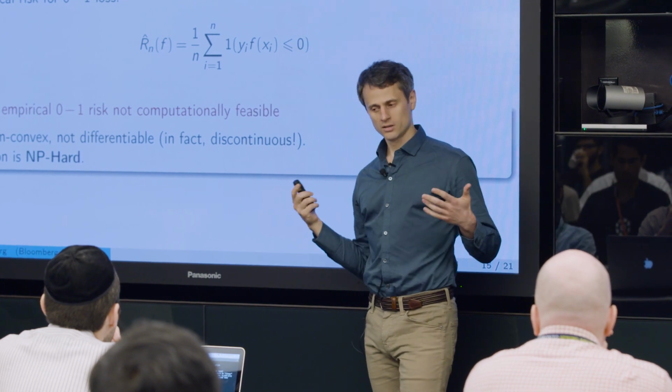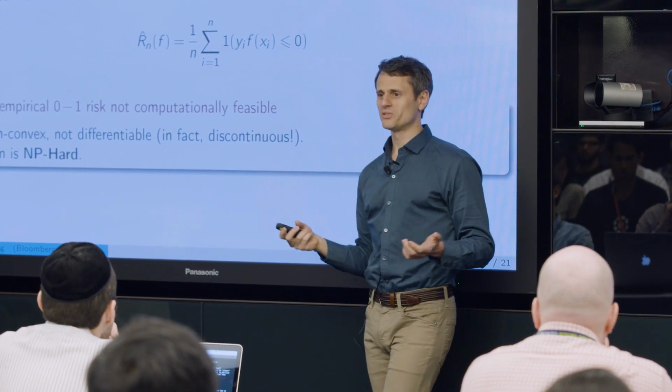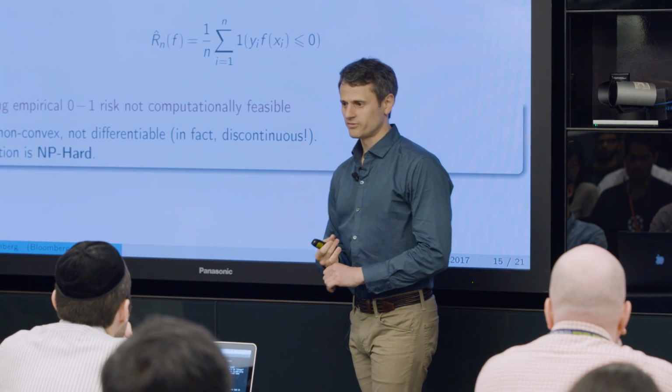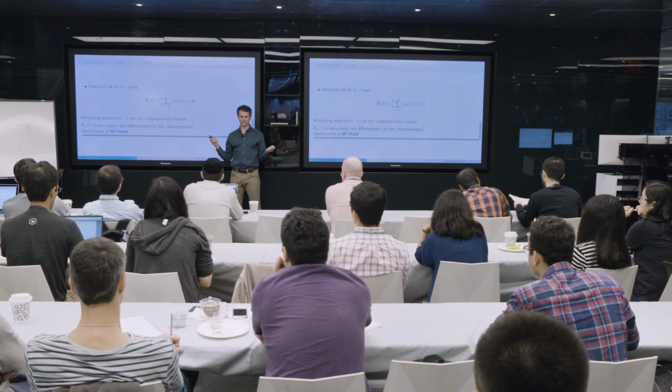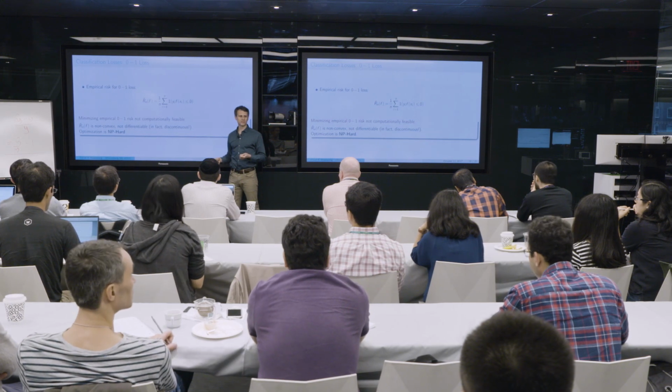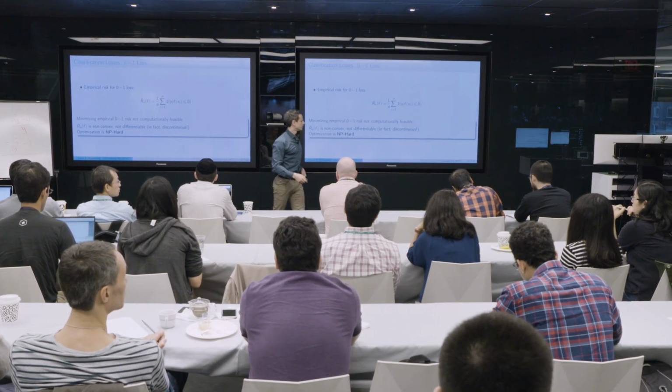But if your goal is to maximize the number of correct classifications, when you evaluate the performance, you should be looking at the 0-1 loss. We just don't know how to use this to find the prediction function because we don't know how to minimize this objective function.